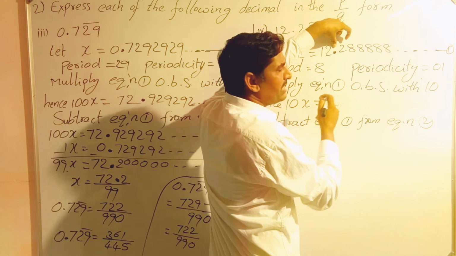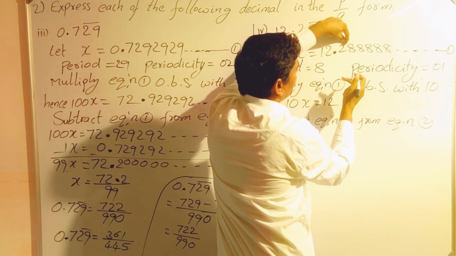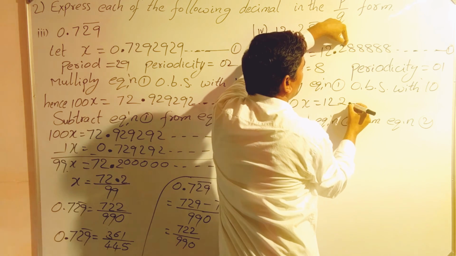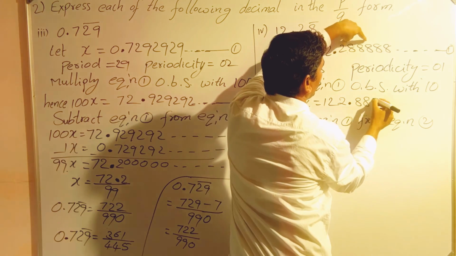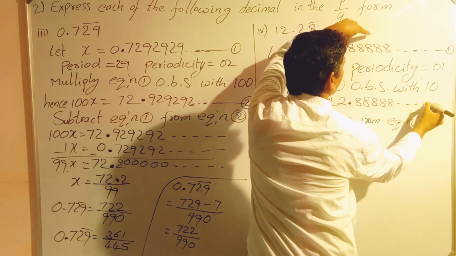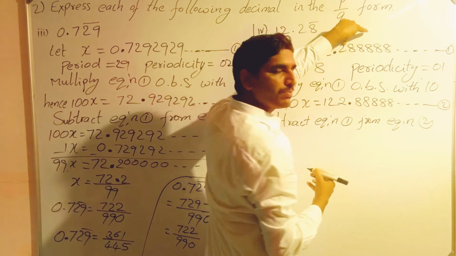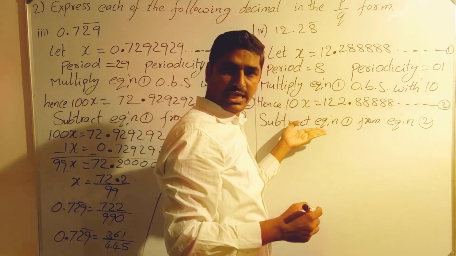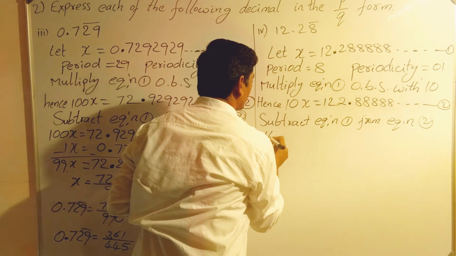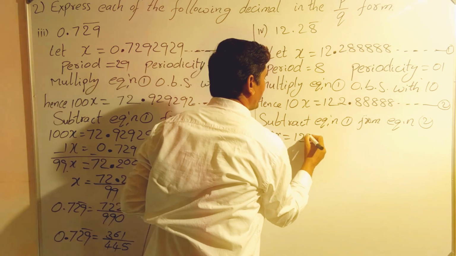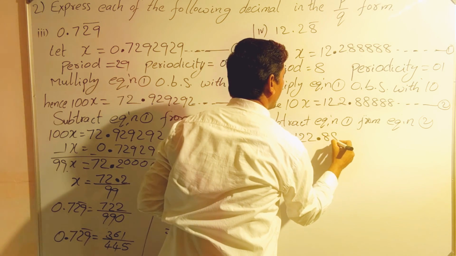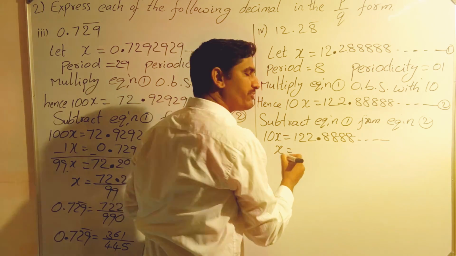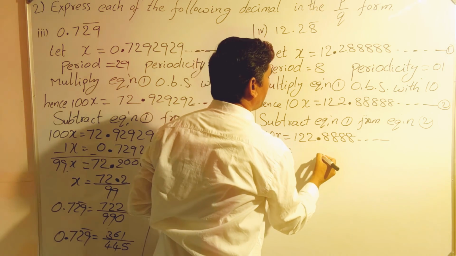Already 1, 2 is there, so the point comes after the 2, and the remaining are 8, 8, 8 and so on. This is equation 2. Now what do we have to do? Subtract equation 1 from equation 2. Now 10x equals 122.8888 and so on.